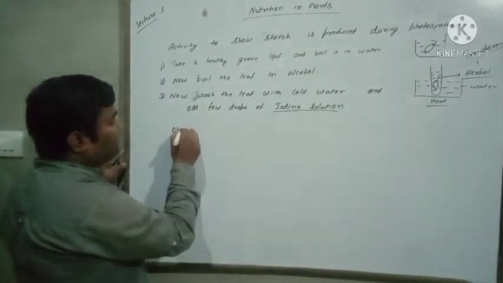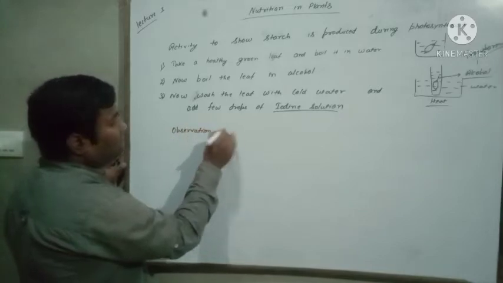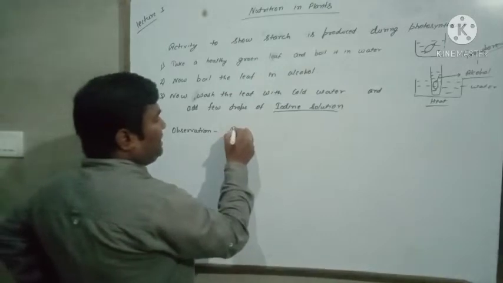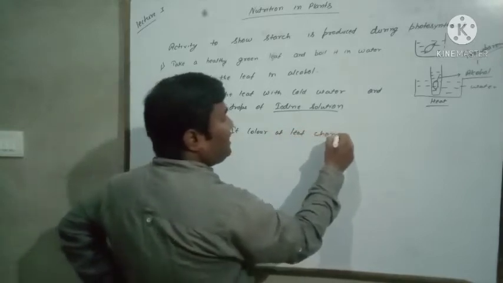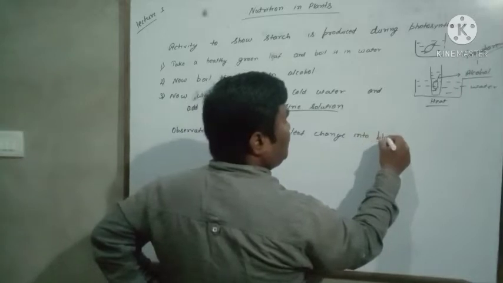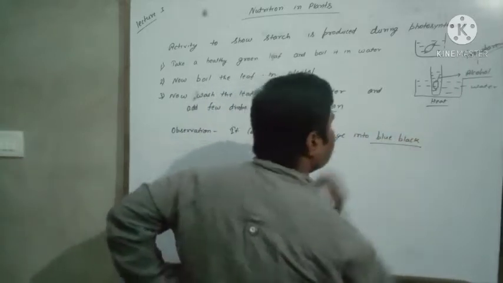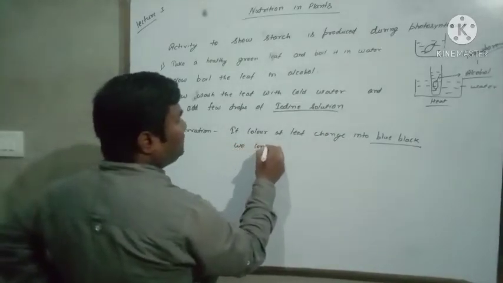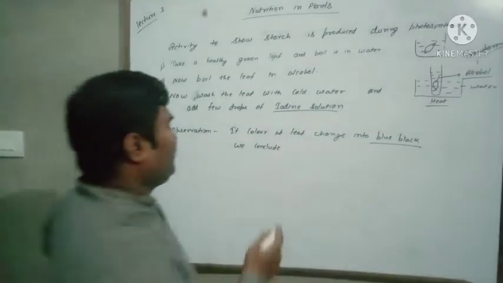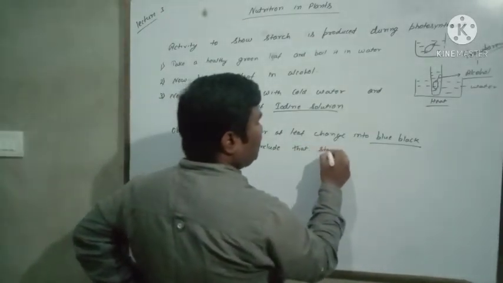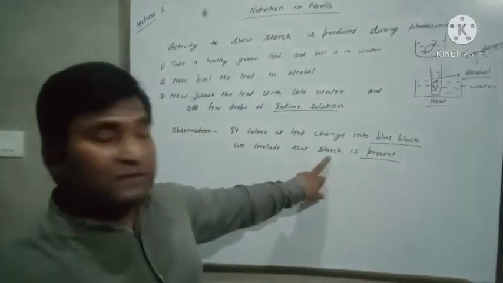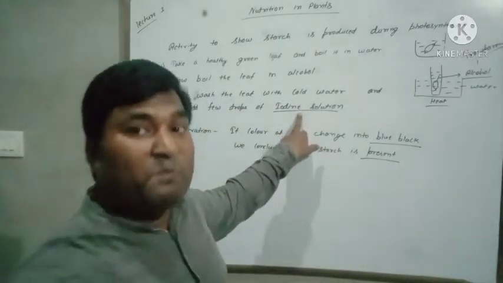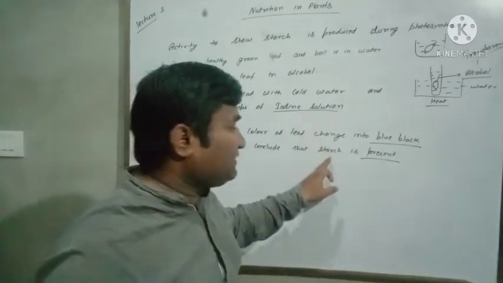Okay, so observation. What we will see: if color of leaf changes into blue black, we conclude that starch is present, because iodine gives blue black color only when it reacts with starch.